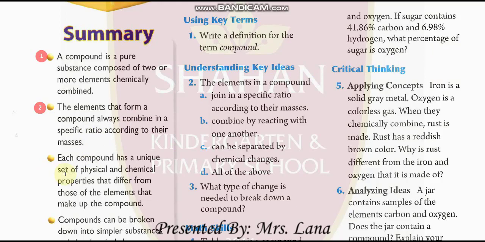They do not combine randomly to form a compound. They always have a specific ratio according to their mass. Number 3, each compound has a unique set of physical and chemical properties that differ from those of the elements that make up the compound.